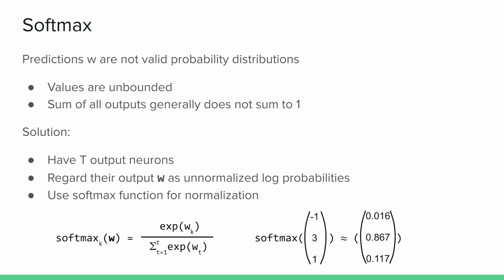And there you go, you have a probability distribution. In our case here, the softmax would turn -1, 3, and 1 into these probabilities, and you can see it correlates: a high value is a high probability for a certain class.